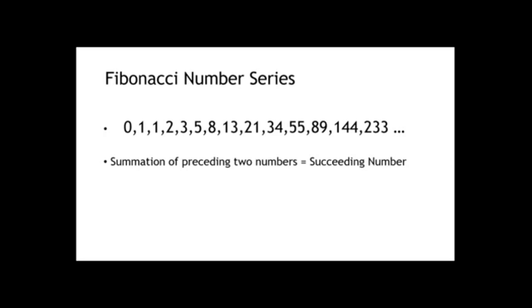The beauty of this number series is that any number in the series is a sum of the previous two numbers. So let's say I take 5, 8, 13. 13 is a summation of 5 and 8. If you take 34, 55 and 89, 89 is derived by adding 34 and 55.